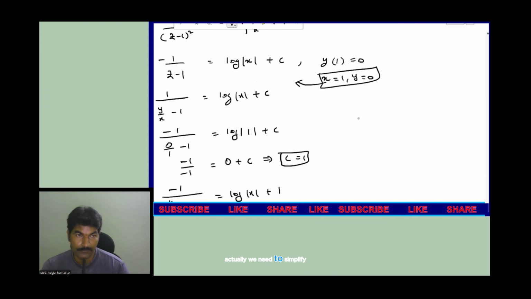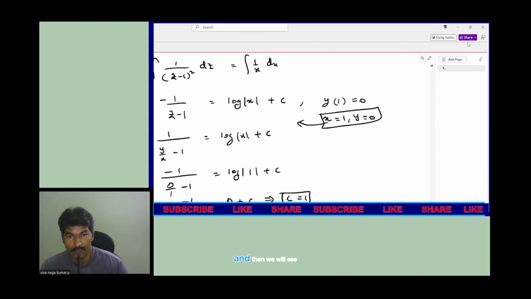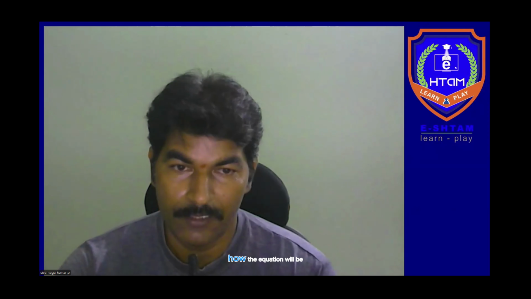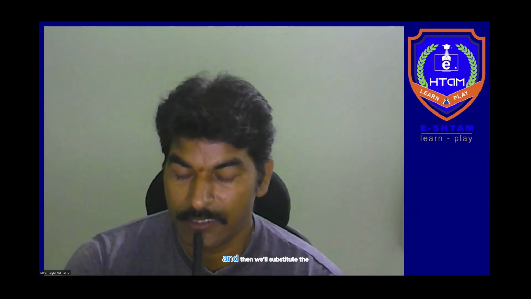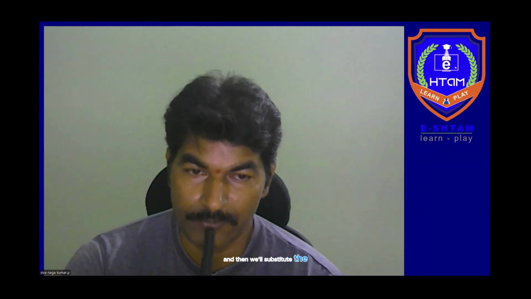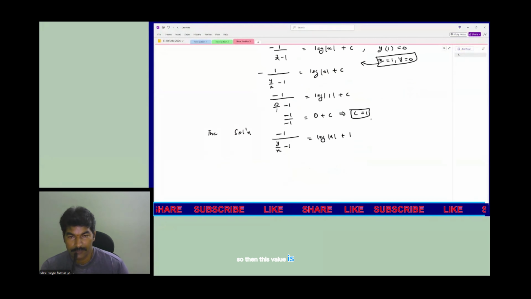Actually, we need to simplify this equation and see how it changes to y equal to something, and then we'll substitute the values. So if you do the LCM, minus x by y minus x equal to log mod x plus 1.